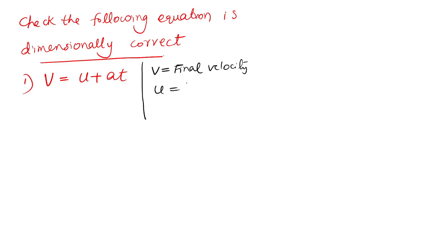U is the initial velocity. A is the acceleration. You have already studied that. And T is the time. So we have to prove that V equal to U plus AT is dimensionally correct.